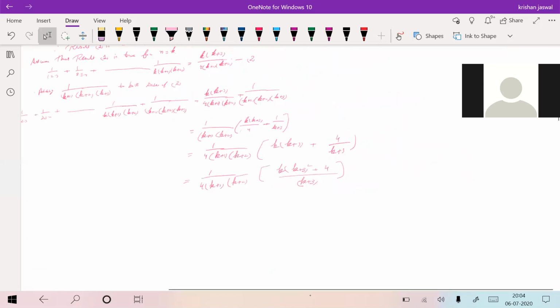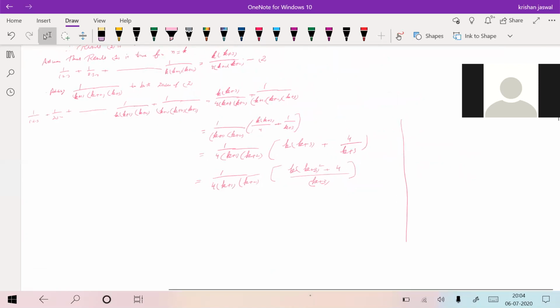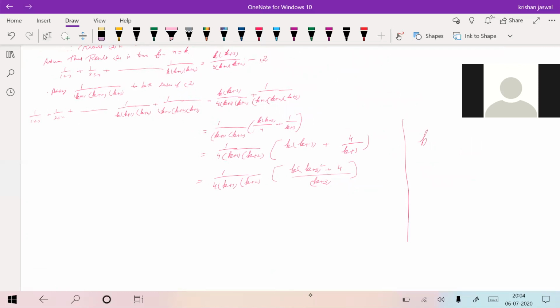Solve it in rough work; you can solve. k into (k square plus 6k plus 9) plus 4 over k plus 3. Or we don't need k plus 3.